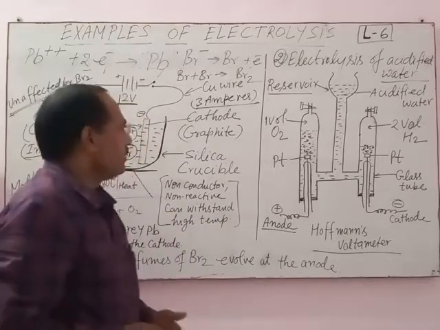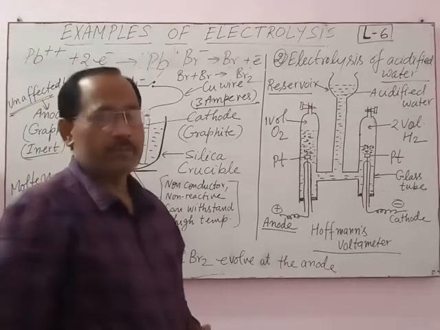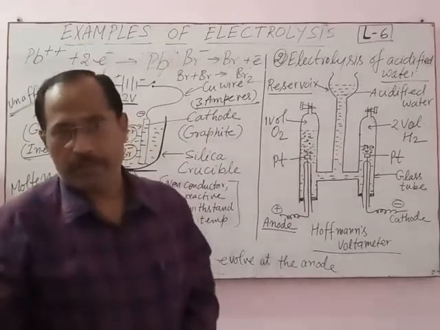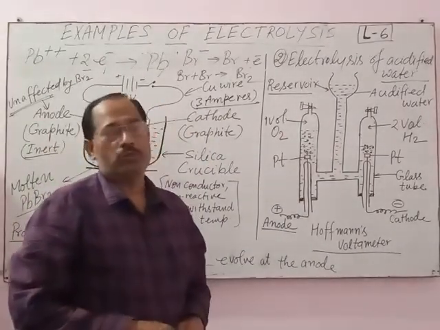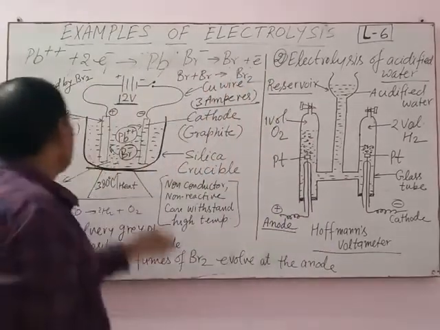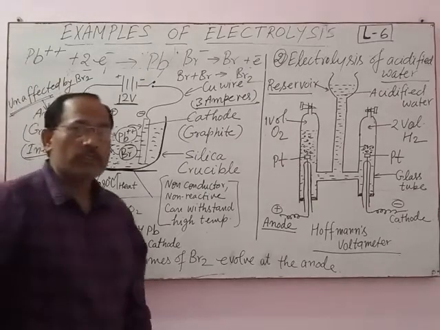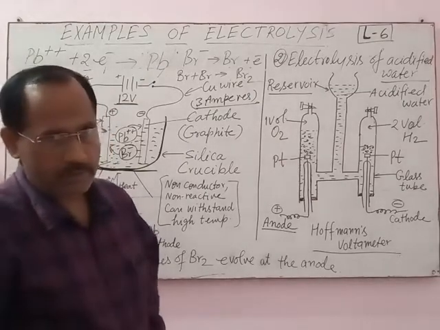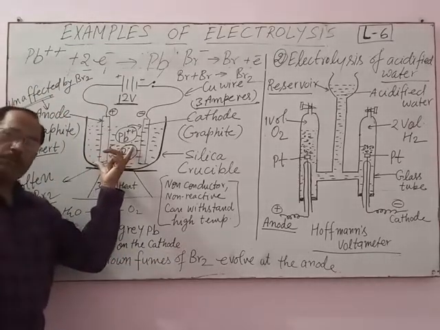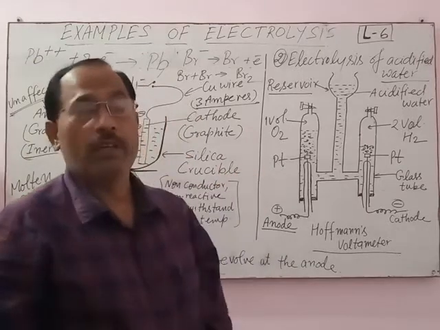That is why during the electrolysis of lead bromide, only graphite electrodes are preferred over other electrodes, because graphite electrodes remain unaffected by bromine vapors and other electrodes react with bromine vapors. This is the main reason for the use of graphite electrode for the electrolysis of lead bromide.